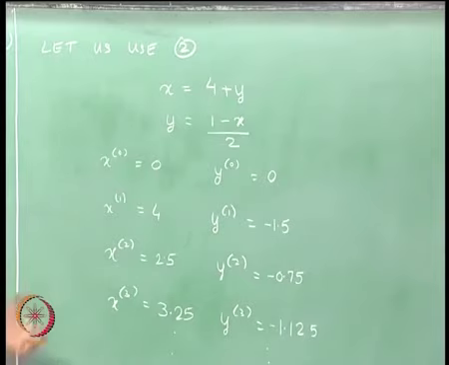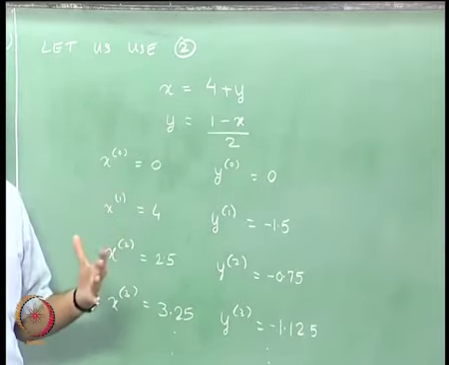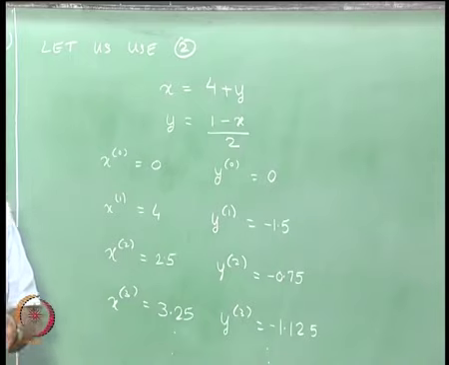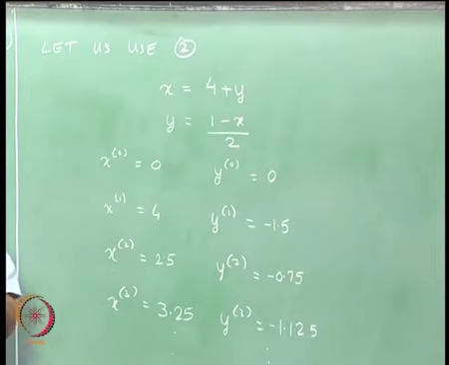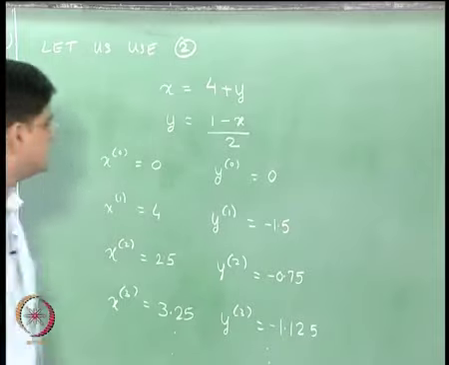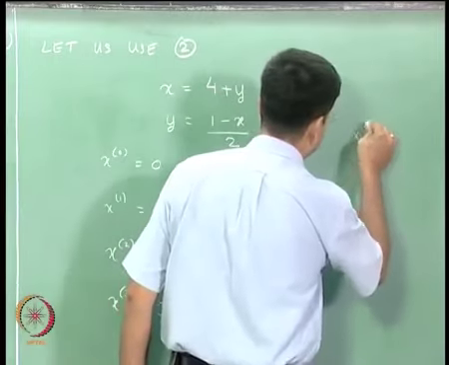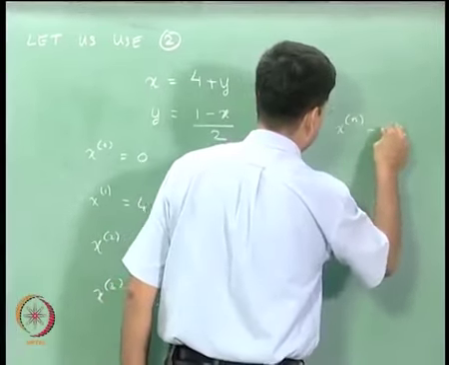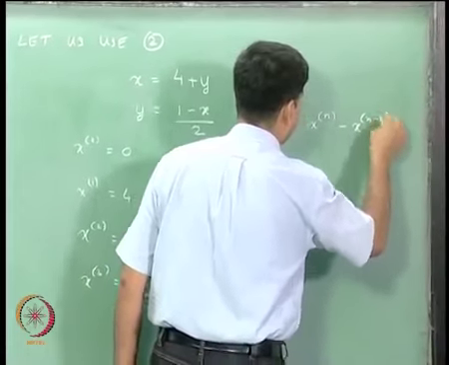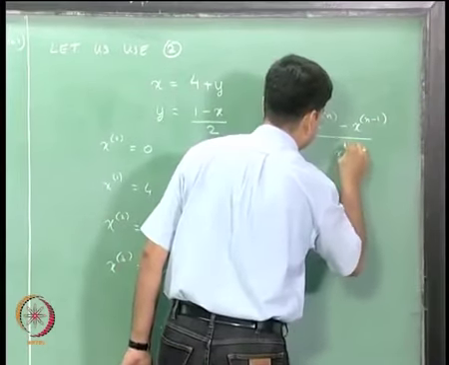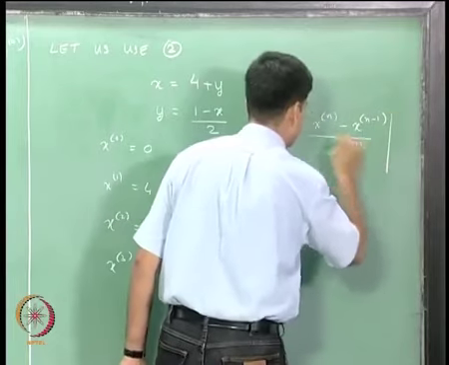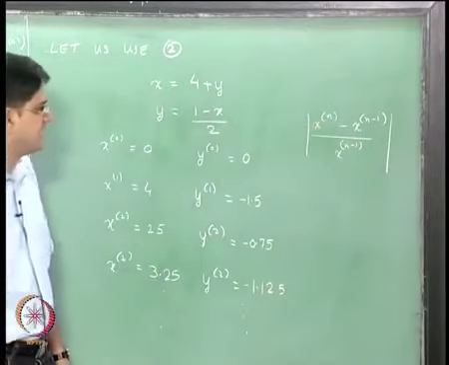The stopping criteria, keep in mind that essentially we do not know a priori what the solution is. For this particular example, yes, we do know that the solution is 3 comma minus 1, but in general we do not know what the actual solution is. So, what we have to do is we have to compare the solution xn with xn minus 1, divided by xn minus 1.